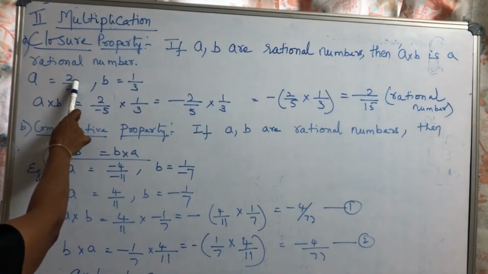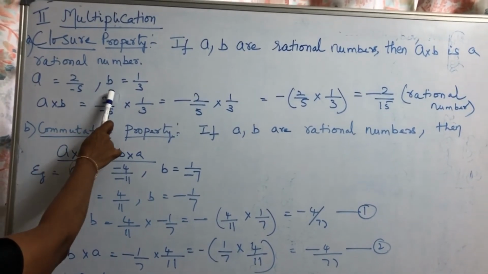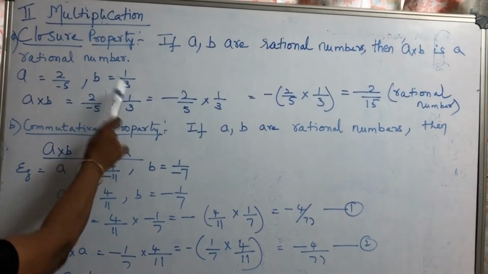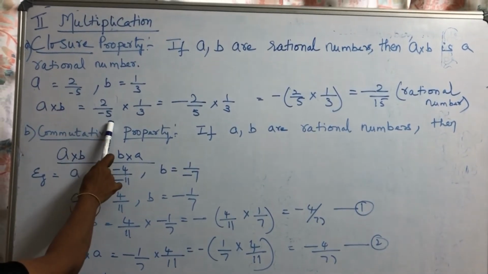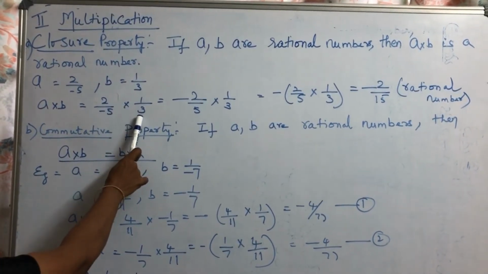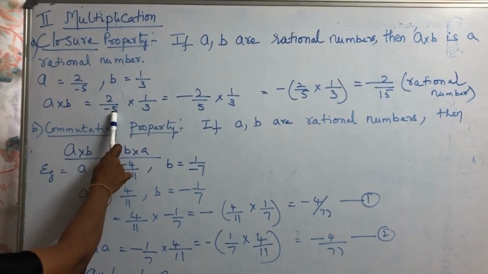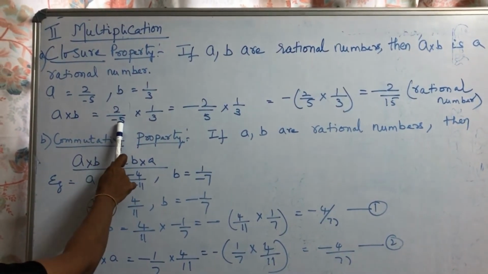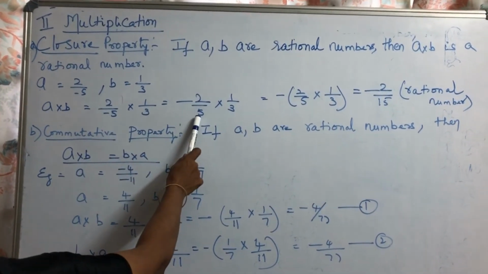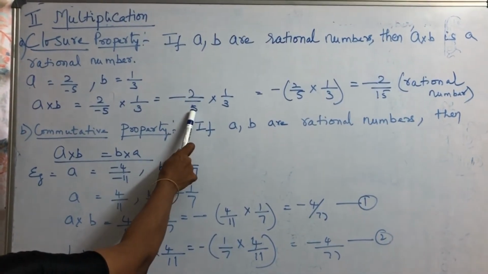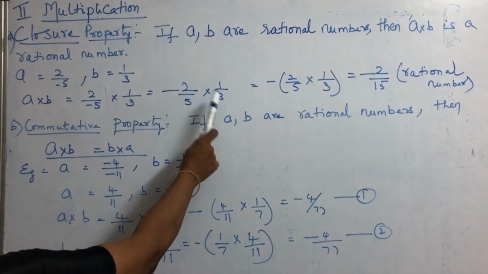A is equal to 2 by minus 5. B is equal to 1 by 3. A into B. 2 by minus 5 into 1 by 3. To avoid the confusion, children, change the signs. Both are of opposite signs. The rational is negative. A is negative, B is positive.